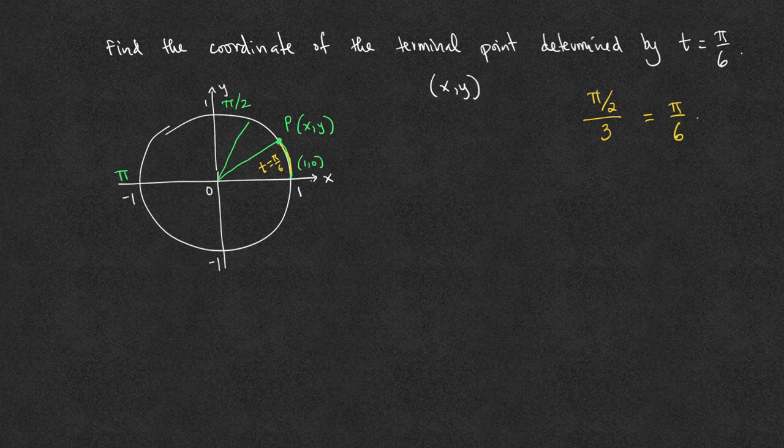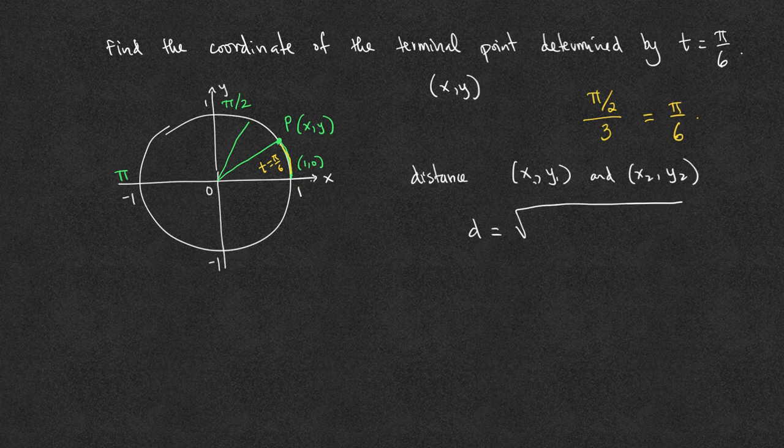We will find the coordinate x, y using the distance formula. Recall that the distance between the 2 points x1, y1 and x2, y2 is d equals the square root of the square of the change in x, which is x2 minus x1, plus the square of the change in y, y2 minus y1 squared.